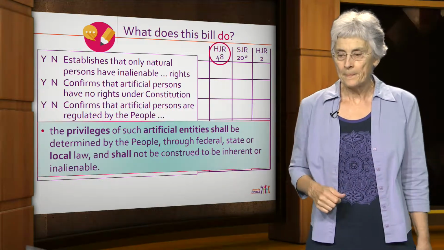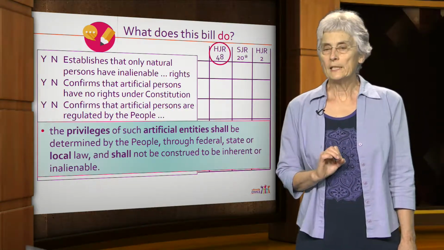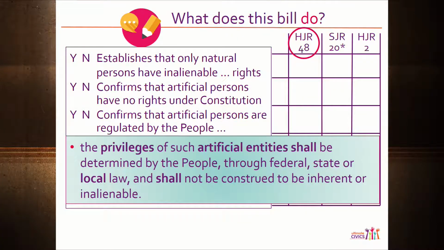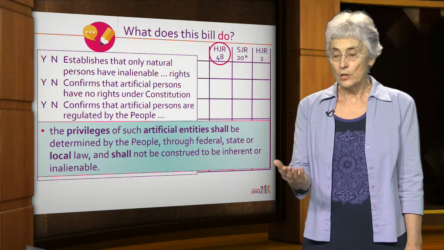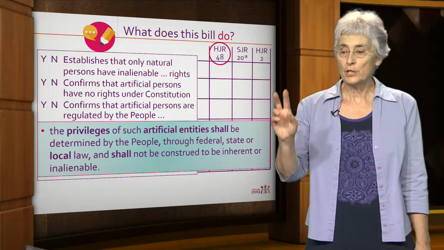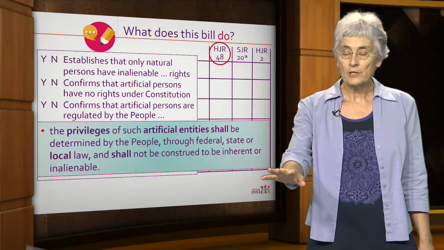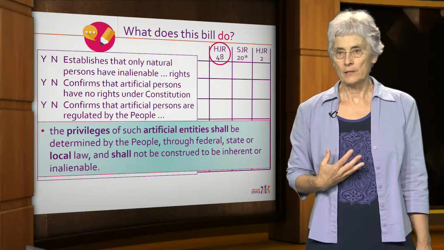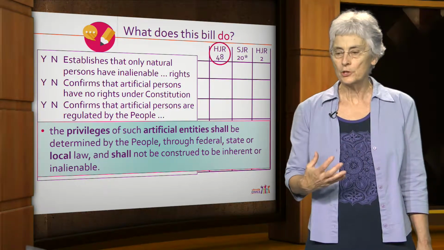Let's read on. The privileges of such artificial entities shall be determined by the people through federal, state, or local law and shall not be construed to be inherent or inalienable. Okay, good again. This is good. It's talking about privileges. So the drafters of this understood that artificial entities have privileges. They have charter rights, not constitutional rights.